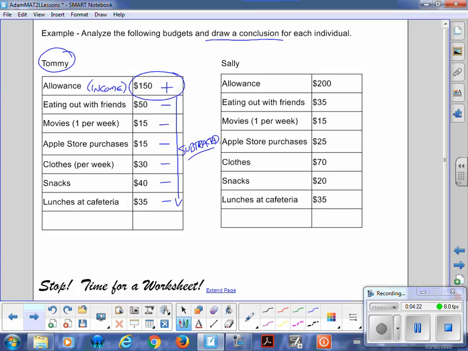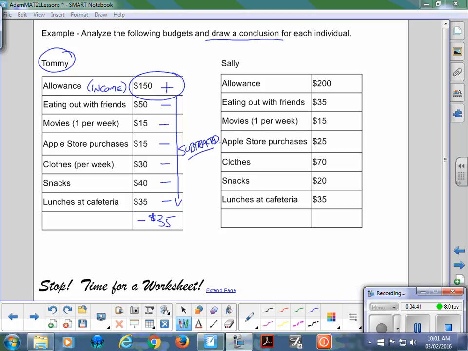So we take away the 50, take away the 15, the 15, the 30, the 40, and 35. We end up with an answer of negative $35. So that means we can see that Tommy is clearly in the red. Red is bad. So he's losing $35 a month.